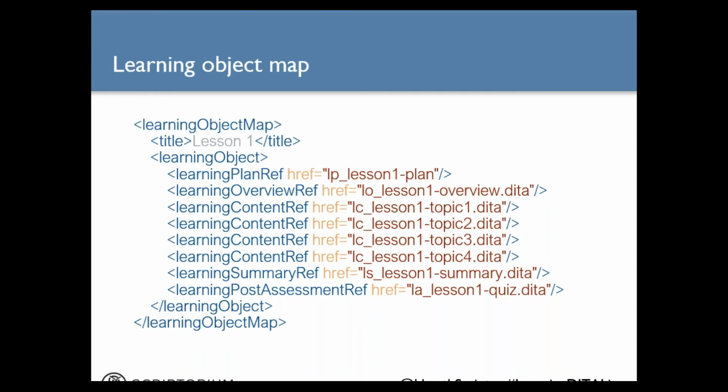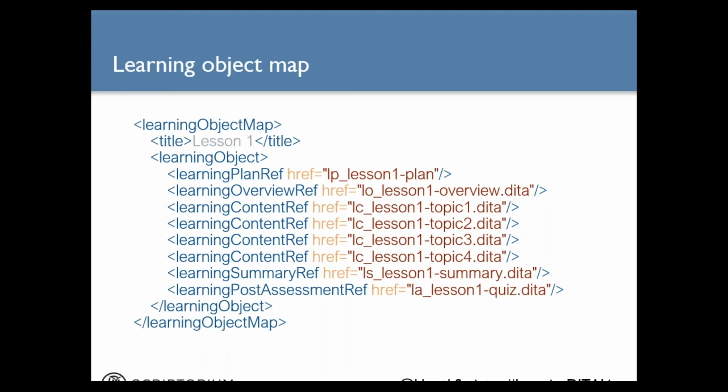And then here is a learning post-assessment ref, which would be a different element if it was a pre-assessment. It would be learning pre-assessment ref, and you would place it up at the top. For each of these, I have my distinct DITA learning and training specialization topics. I would have my overview, and then maybe my lessons, then my specific summary topic, and then my assessment topic. So that's what it's going to look like.